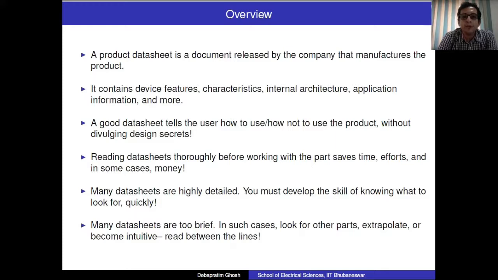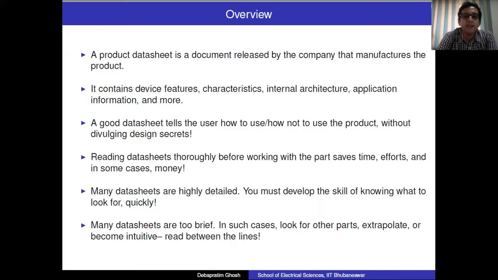It is very important that those parts, in order to be more commercially viable, be accompanied with some kind of a support system, and that support system will tell the designer or the engineer how to use the part. That support system is called a data sheet.